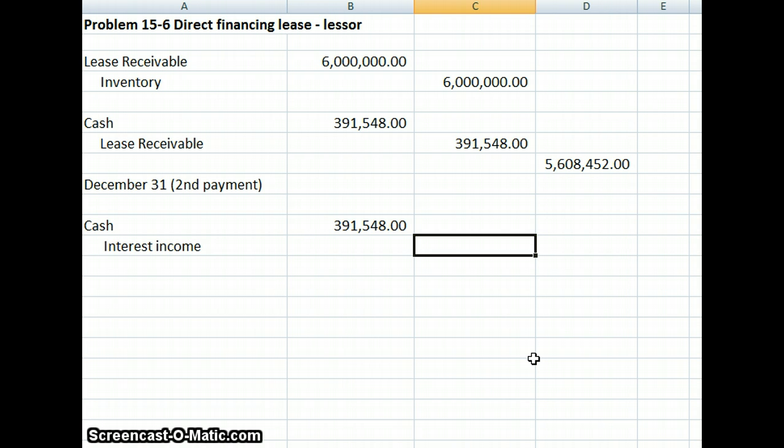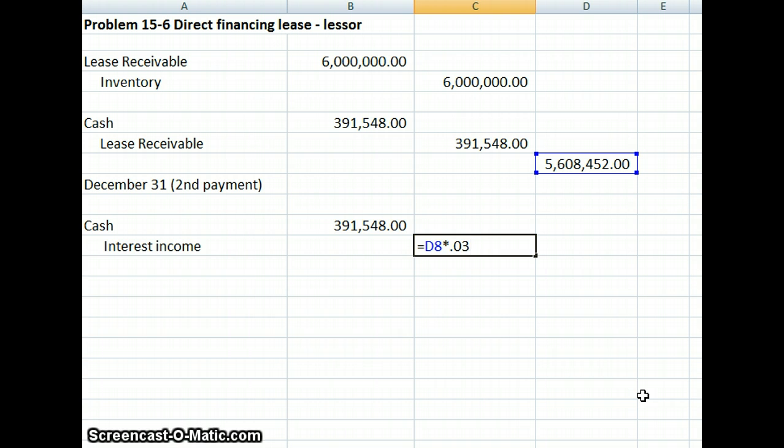Okay, our interest income then is going to be calculated by taking our principal amount times, remember, it's going to be a quarterly payment, so it's going to be times 0.03, or 3%.